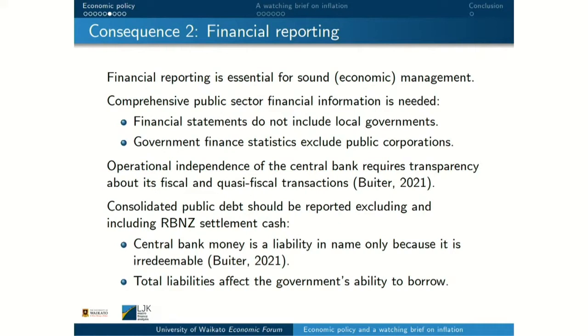Also, to reassure markets of the operational independence of the central bank, we need transparent reporting about the fiscal and quasi-fiscal transactions that are currently being undertaken by the central bank.